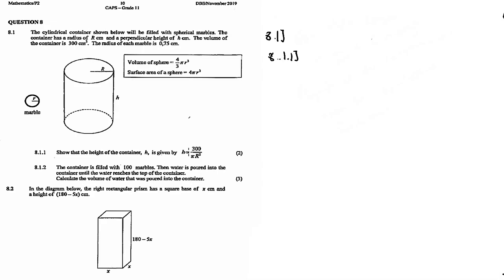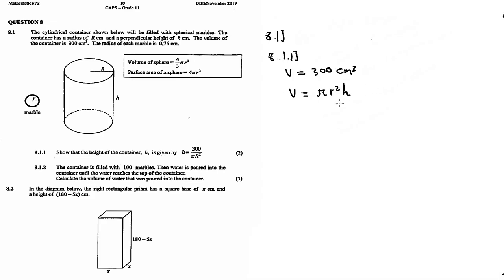So in order to express h as this, we need to use a volume. I'm given a volume, V is equal to 300 cubic centimeters. How do we calculate a volume of a cylinder? Yes, the volume is calculated as pi r squared times height.